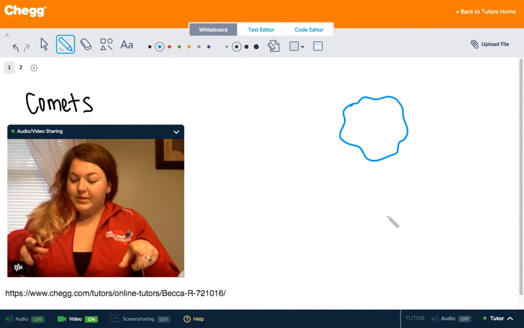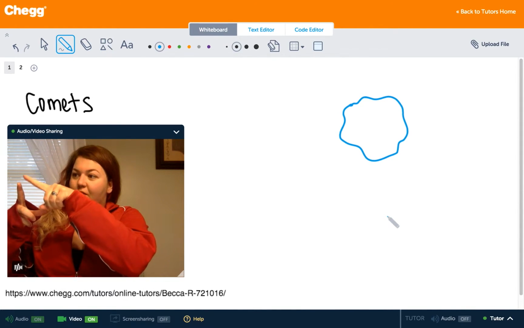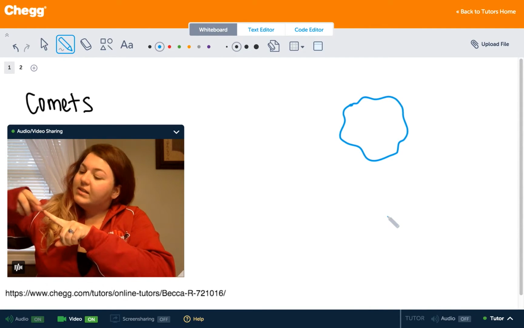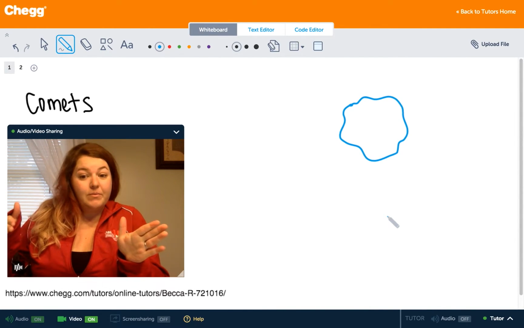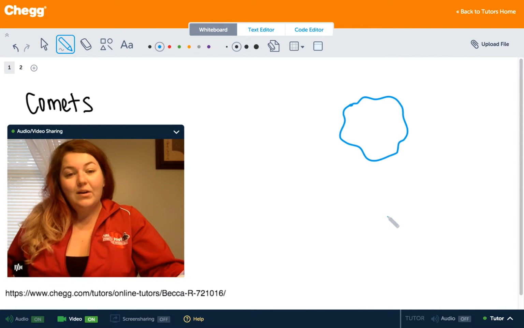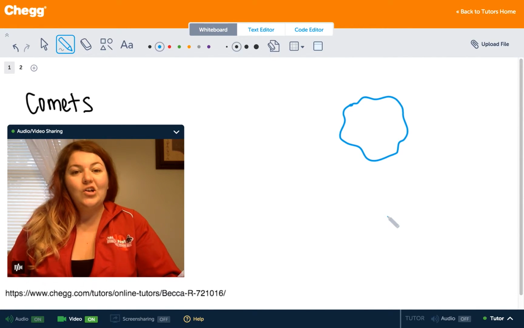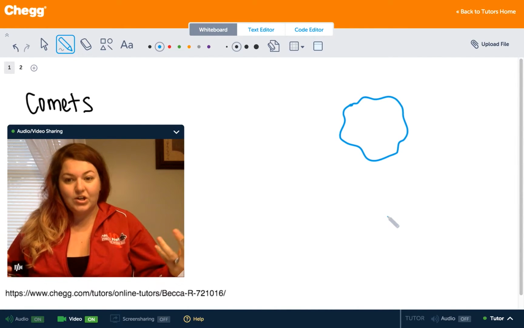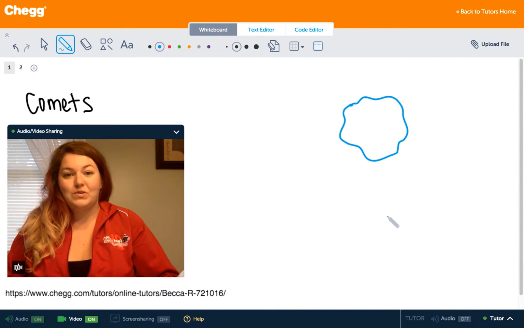So their orbits will take them far, far away from the sun in this very skinny orbit. And then as they come back in, some of them come quite close to the sun. And they don't actually develop their tail until they get close to the sun. And that tail gets larger and larger as they get closer and closer to the sun.